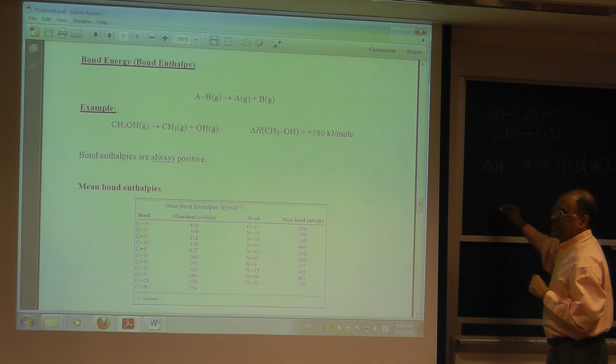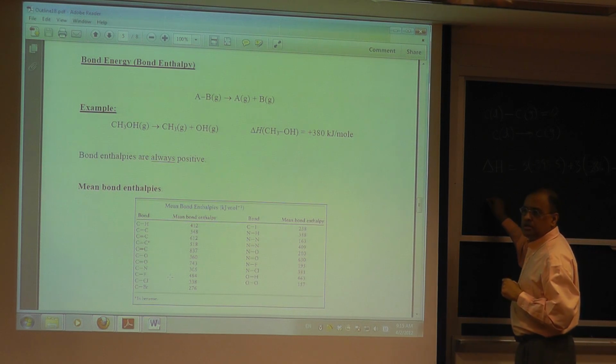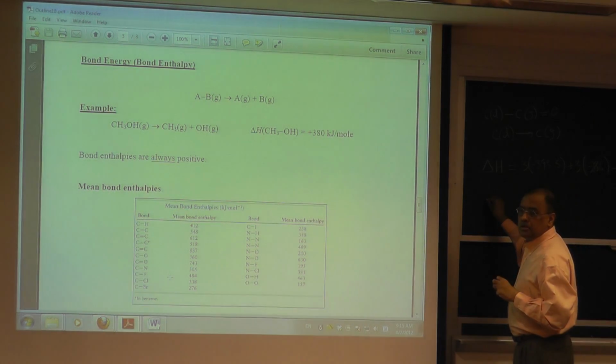So what's going to be on the left-hand side?